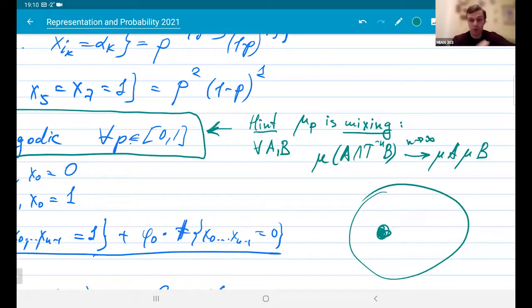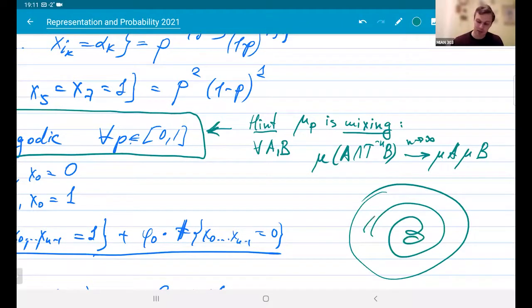And then you start to mix it. If you have ever done this, then you know that this black spot will somehow stretch to something very thin, something like this. And then when you wait sufficiently long, you have just something averagely gray.